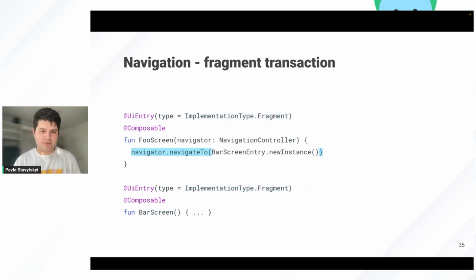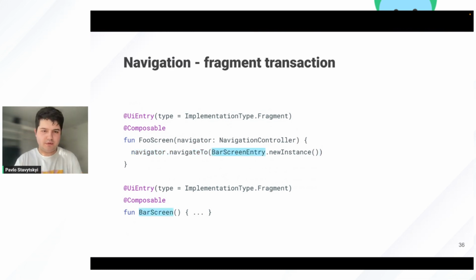So when we use this navigator, navigate to, and we pass an instance of a bar screen entry, which is a generated fragment, what happens under the hood is that we are performing the fragment transaction. But this API is hidden, so as a user of this library architecture, you don't have to bother about it. You're just expressing your intent: I need to navigate from one screen to another.